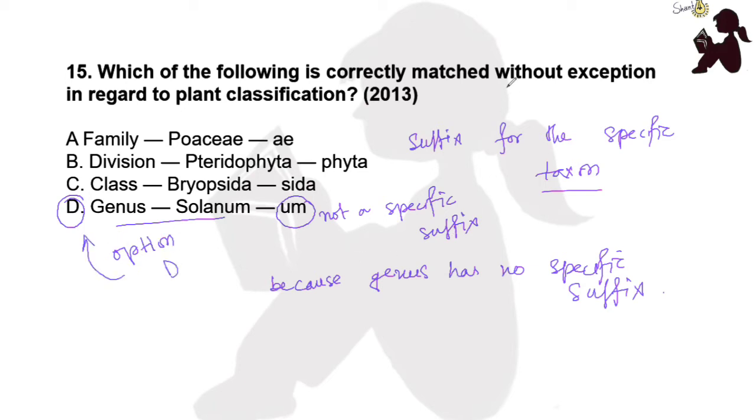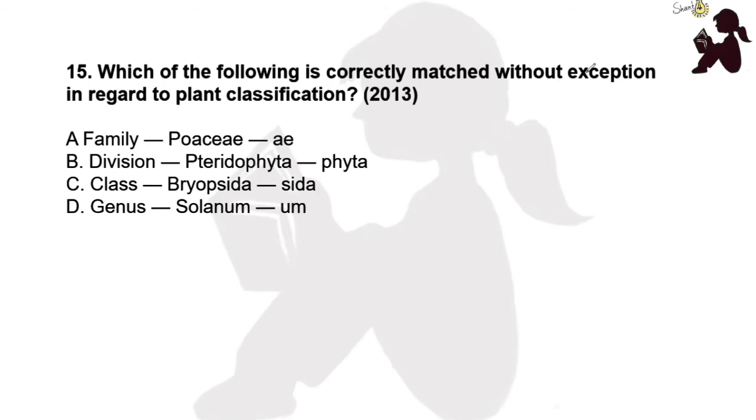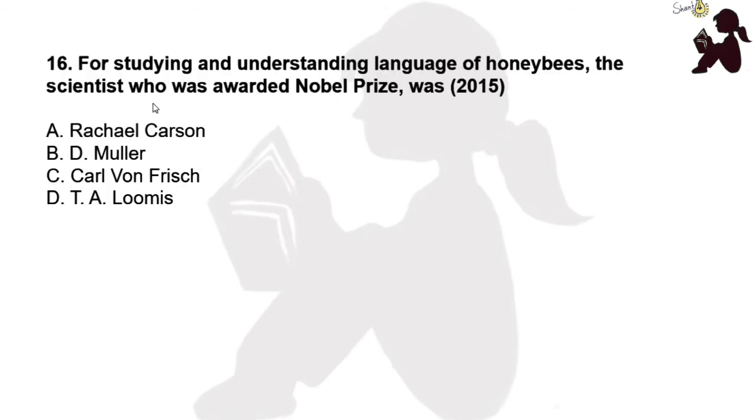Now the next question. The next question is: for studying and understanding the language of honeybees, the scientist who was awarded the Nobel Prize was option A, Rachel Carson, option B, D. Moeller, option C, Carl von Frisch, and option D, T. A. Loomis.